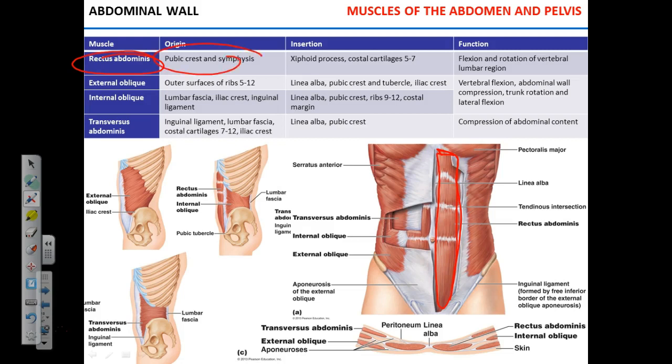Its origin is at the pubis, pubic crest and symphysis, right here. Okay? It inserts into the xiphoid process and 5th and 7th costal cartilages. And what's going to happen to you if you shorten this muscle? You're going to bow. Okay? So it's going to be flexion of the trunk. Does that make sense?